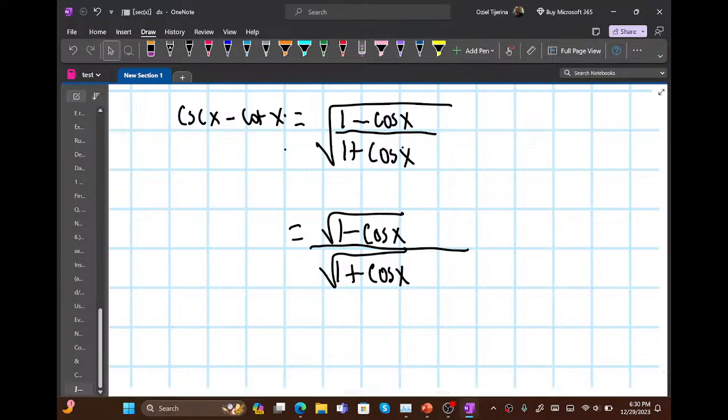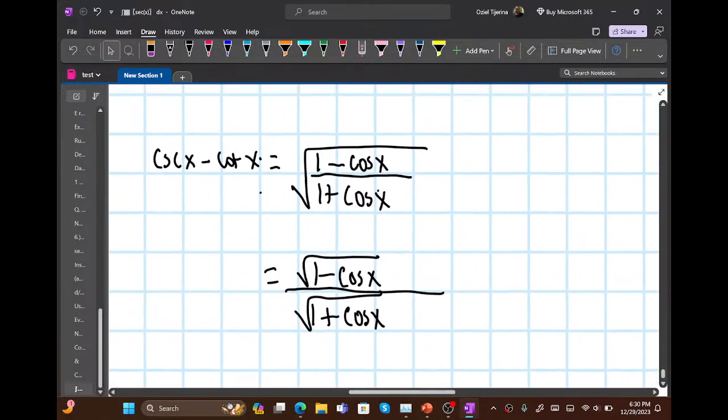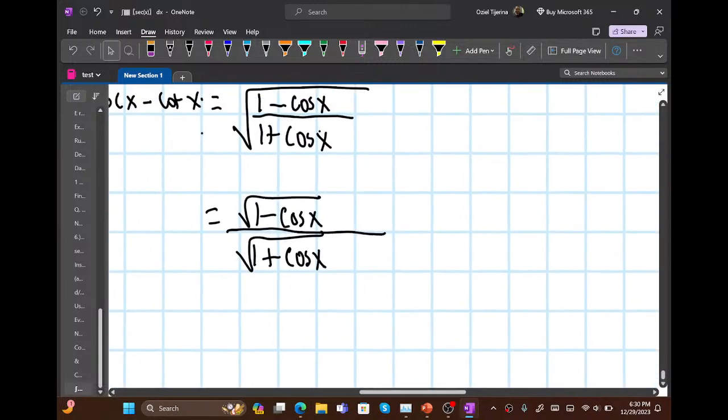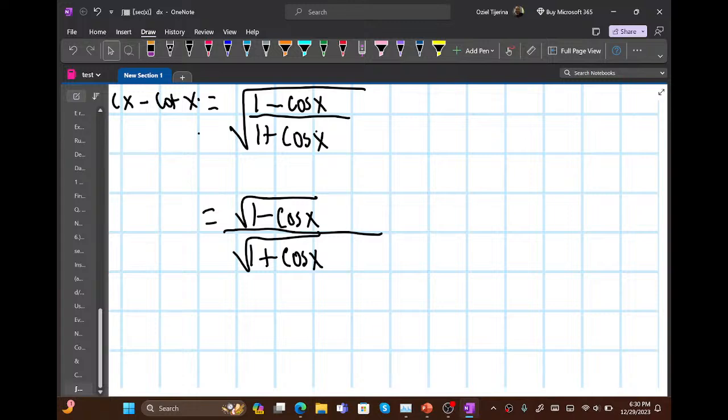Okay. What we're going to do is multiply by the conjugate. Here's where I do want to ask everybody a question. Is it better to multiply by the square root of 1 plus cosine x or by the square root of 1 minus cosine x? I think we always do the reciprocal.